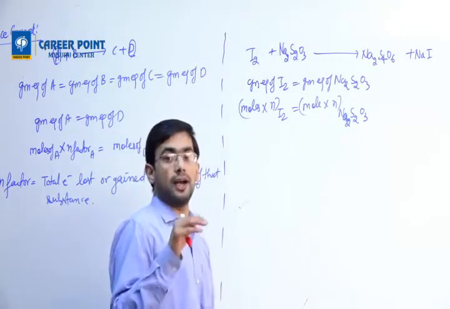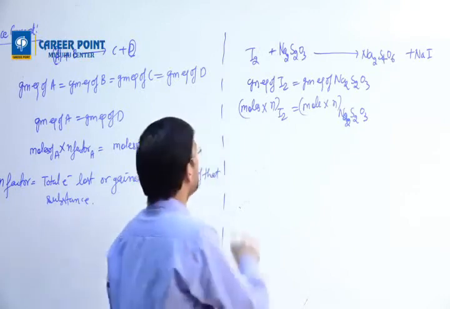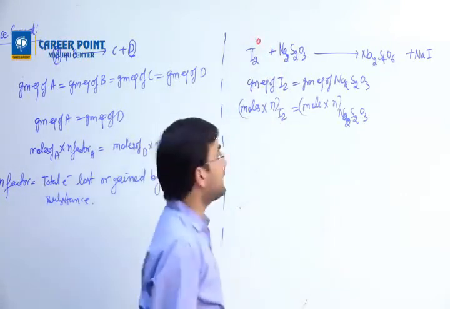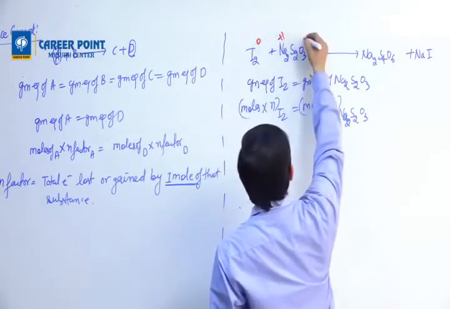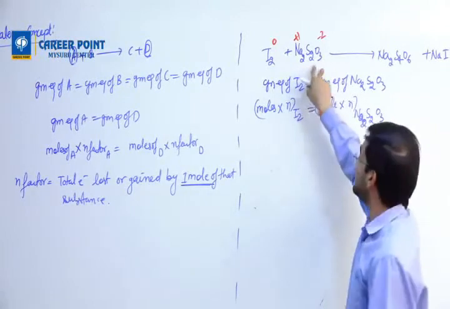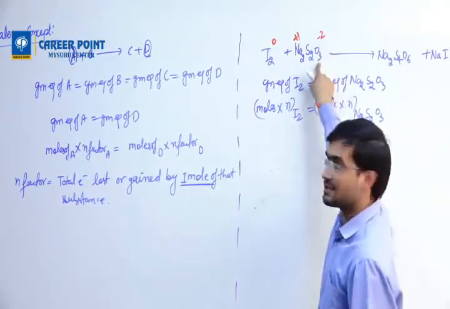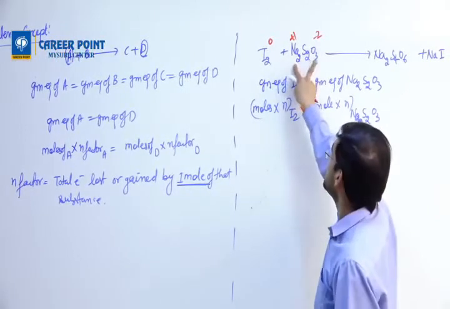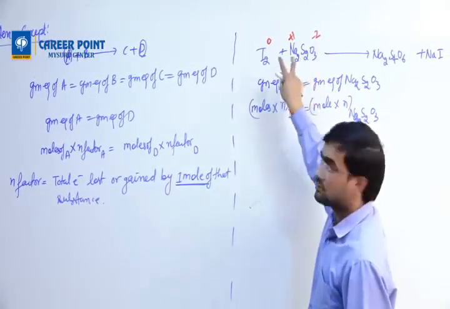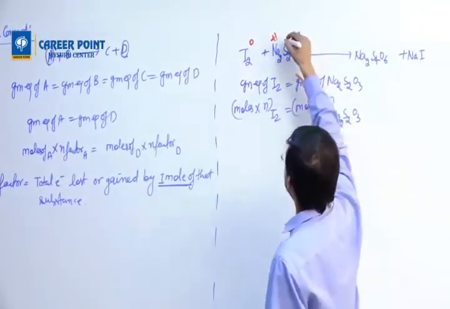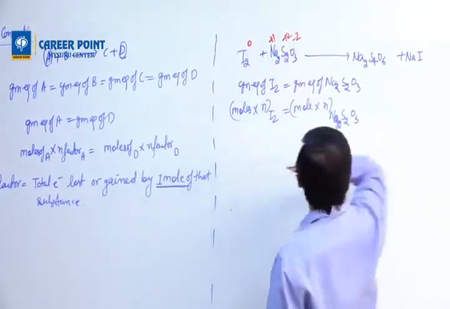Na is plus 1, oxygen minus 2. Here also you can do directly: minus 2 times 3 is minus 6, minus 6 plus 2 is minus 4, minus 4 goes to that side, plus 4 by 2. So here sulfur is plus 2.